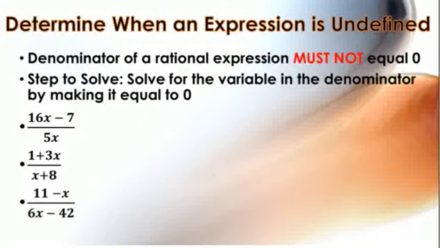A couple other ones here. I'm not going to go through those, but just talk you through it. Anytime you have a number or a coefficient and a variable in the denominator, the variable cannot equal 0, because anything times 0 is going to be 0. So anytime you see a number times a variable, it's going to be undefined when the variable is 0.